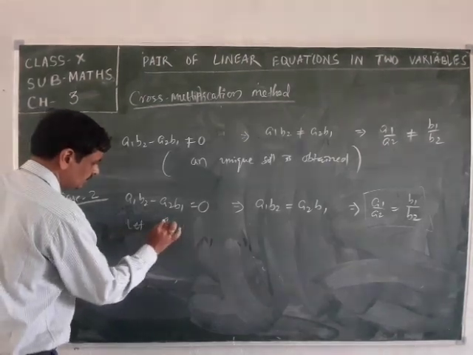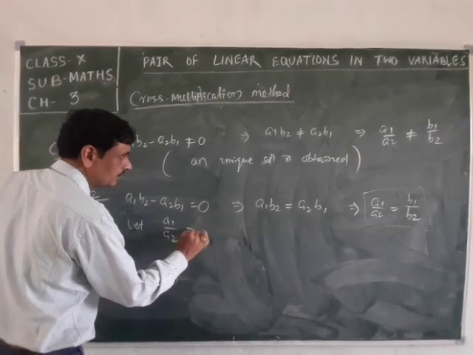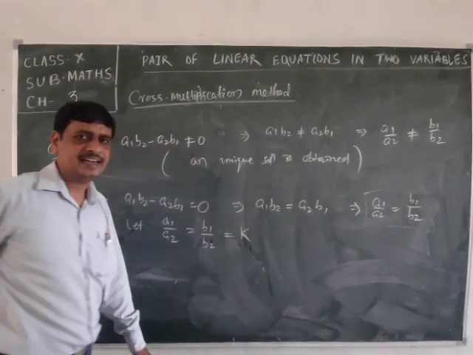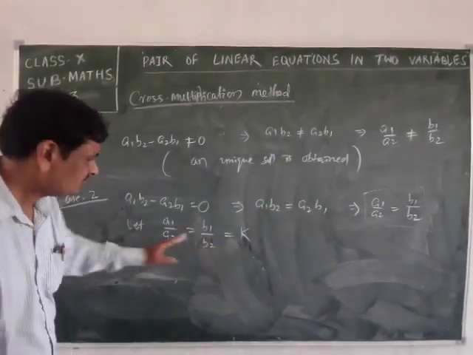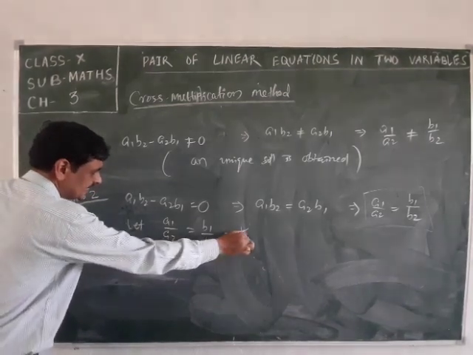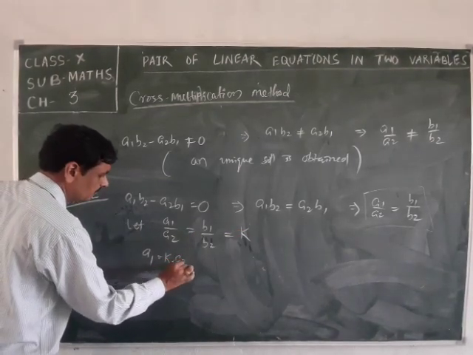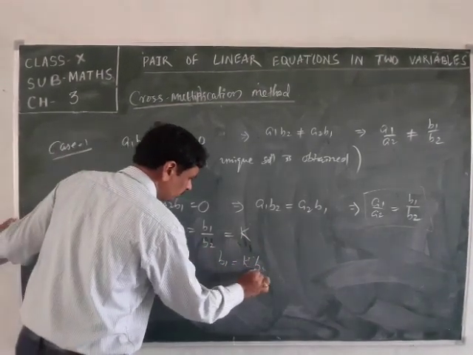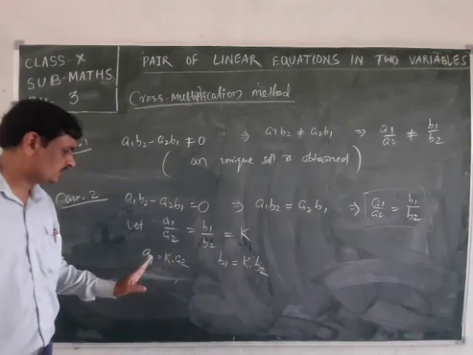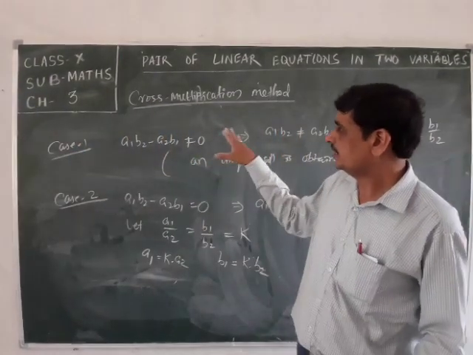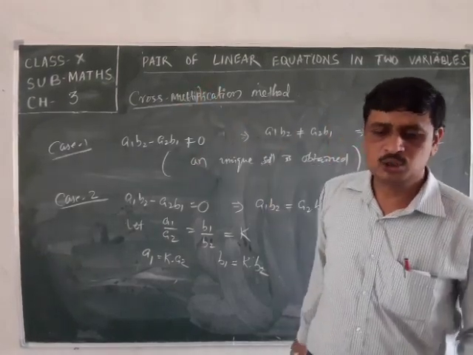So let a1/a2 equal b1/b2, which is equal to k, any constant factor k. In this case, a1 can be written as k into a2 and b1 can be written as k into b2. And these values of a1 and b1 should be put in the given equations to solve them.